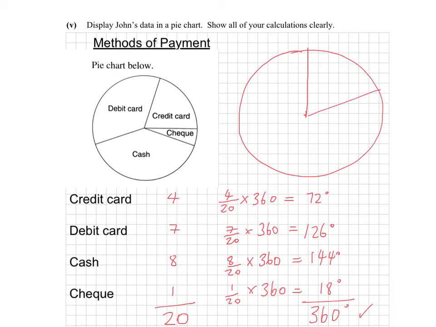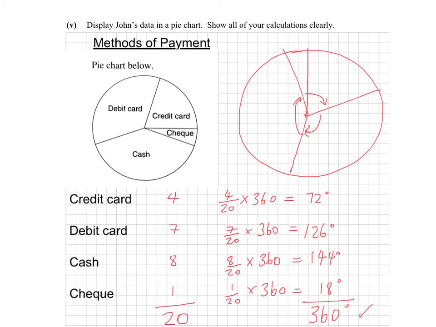So I'd measure off my 72 degrees, then I'd measure off my 126, working clockwise around, then 144, and then finally, obviously, I double check to make sure that this section here is indeed 18 degrees. And obviously I would also make sure that I labelled each of my sectors in a similar way to what they have done here.